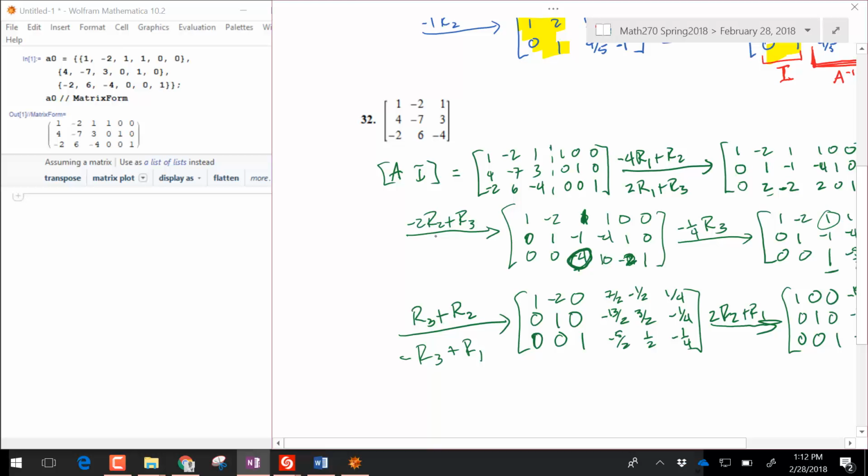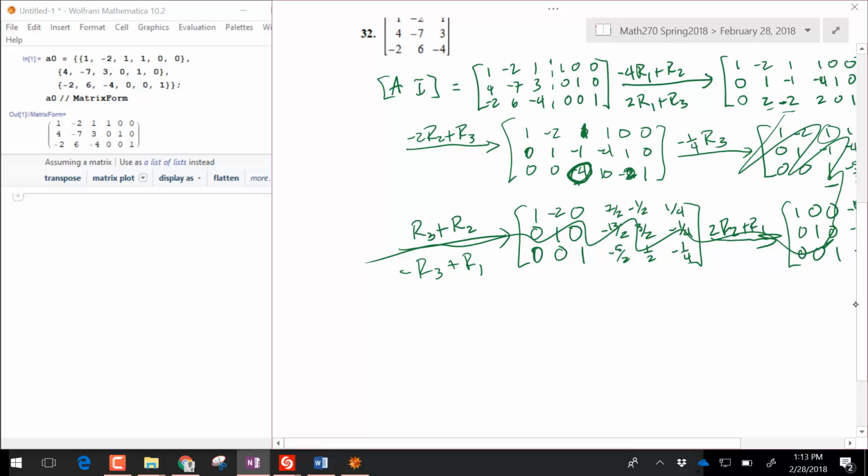Second row, third column, -1 times -2 is +2, and then adding that to -2 takes you to 0. Oh, there it goes.